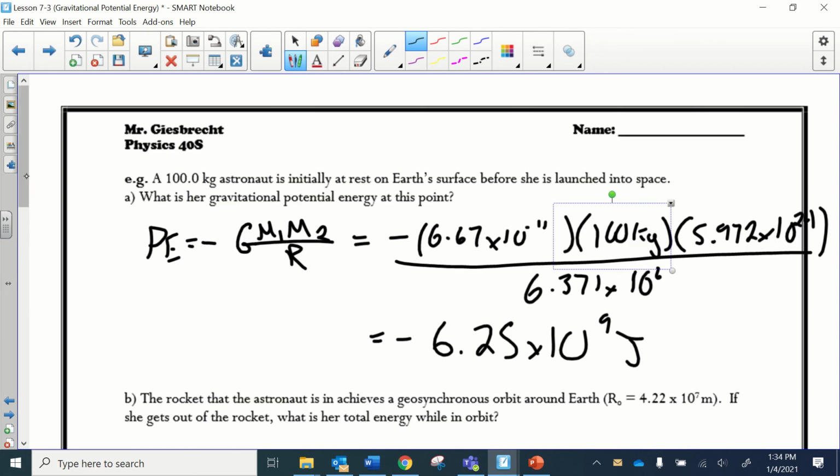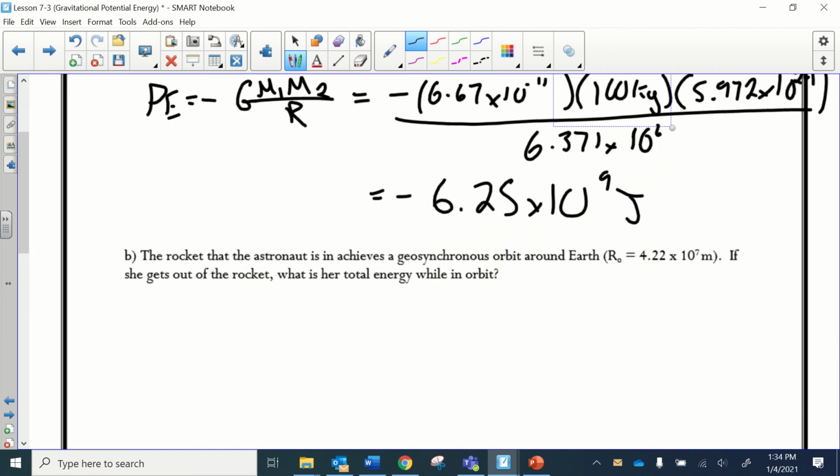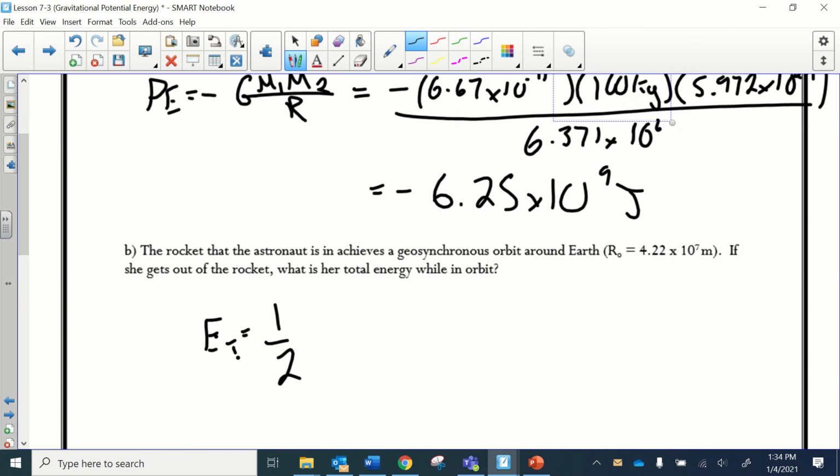So we know that the total energy is 1/2 of G m1 m2 over r. Can you just take 1/2 of this value right up here?